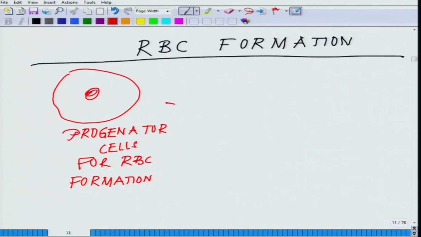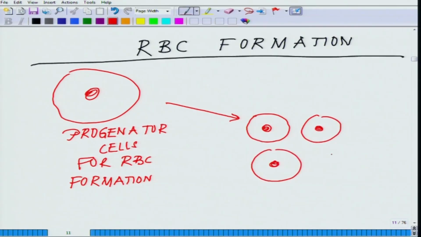Here the RBCs are formed. There are a lot of RBCs out here. These are the RBCs, mostly premature. They are in the maturation phase.